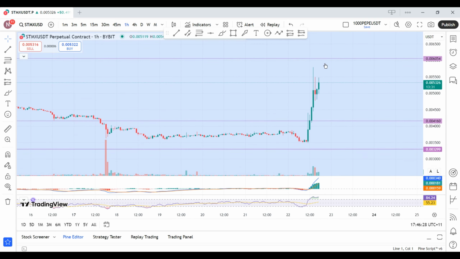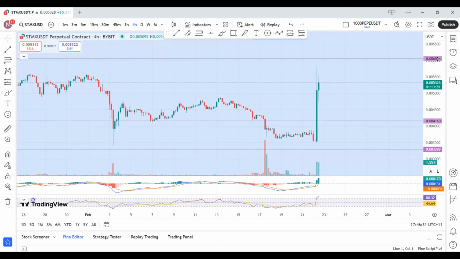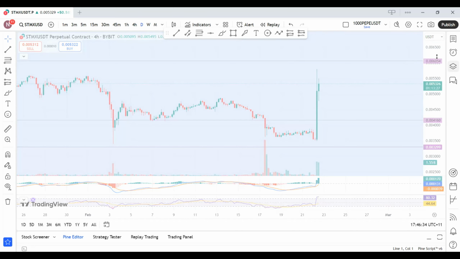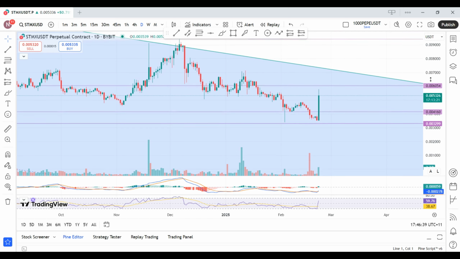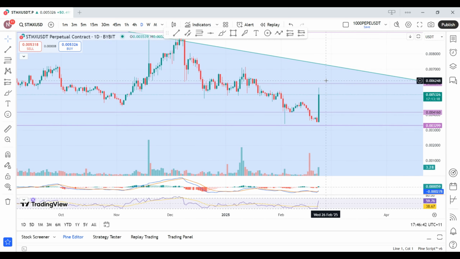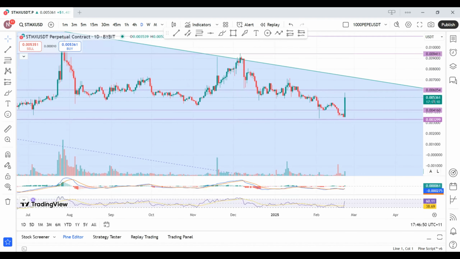I'm going to go back to 1 day. I believe the price will likely reach around here, maybe go past a little bit to where this area is, and this area is. I'm just going to draw a ray to show you what I mean.